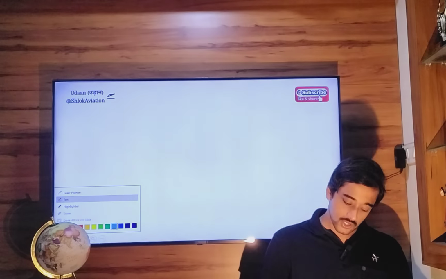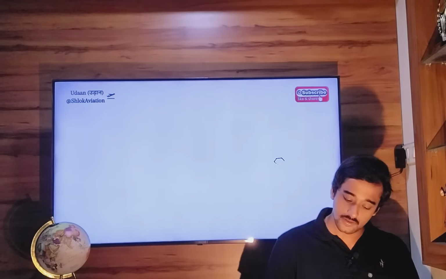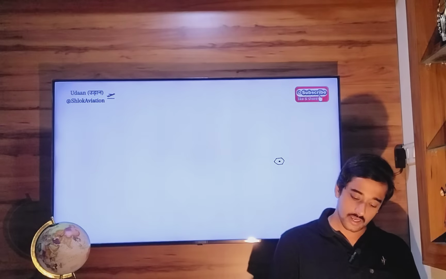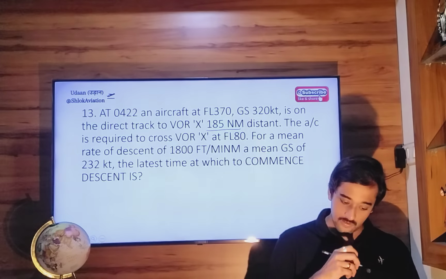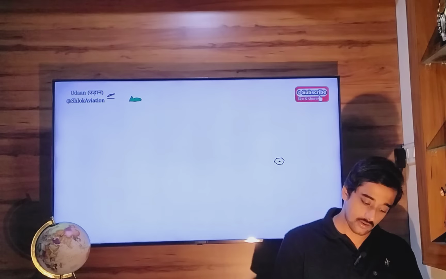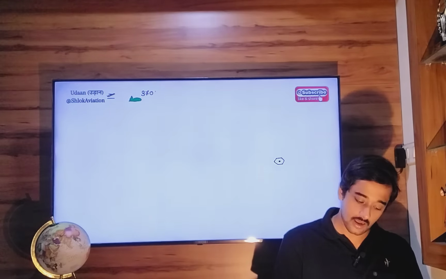So let's draw this diagram. This is your VOR station. Here is your aircraft. Now, aircraft is at flight level 370, 37,000 feet.